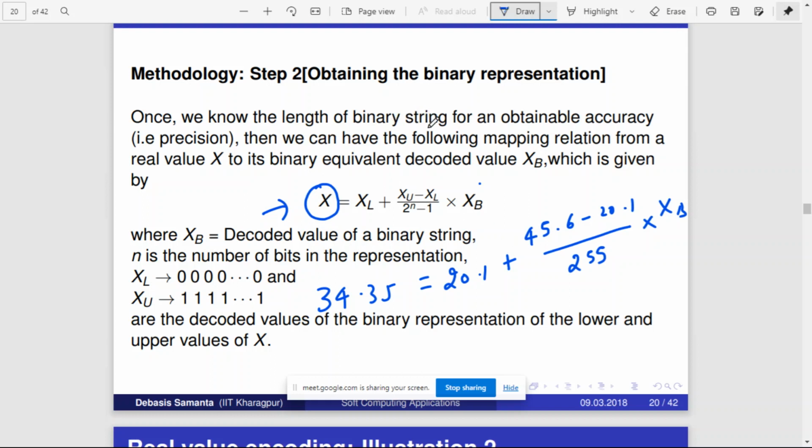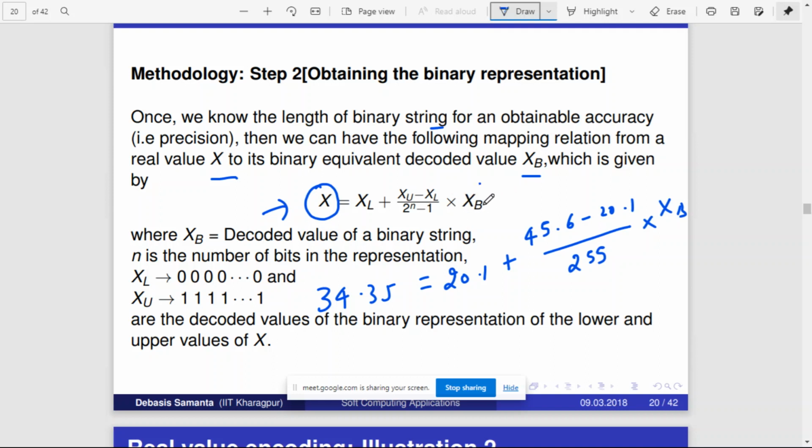Once we know the length of the binary string for an obtainable accuracy, then we can have the following mapping relation from a real value x to its binary equivalent decoded value xb, which is given by this equation, where xb is the decoded value of a binary string. That means here we are not going to get xb in binary form.